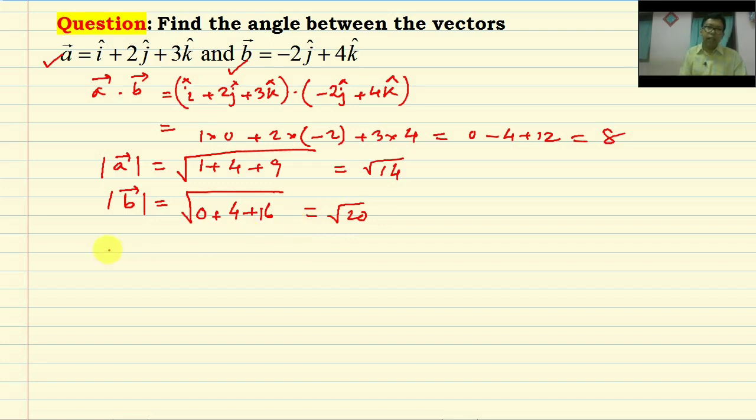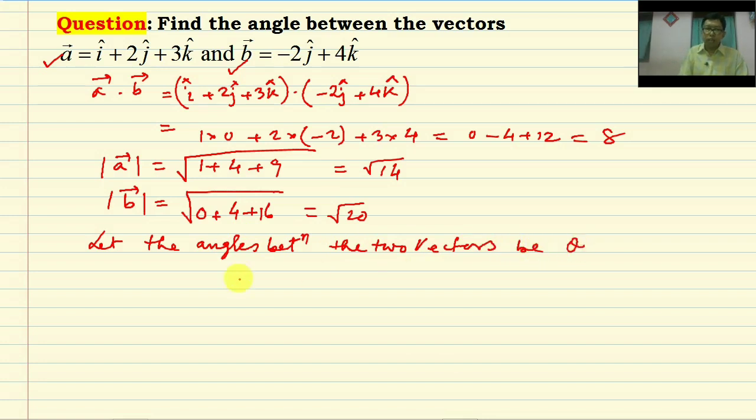Let the angle between the two vectors be theta. So we can write cos theta is equal to A vector dot B vector divided by modulus of A vector into modulus of B vector.